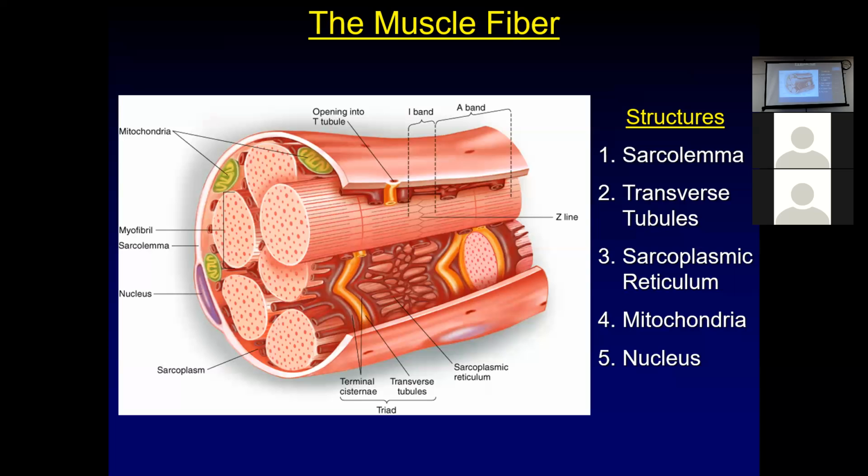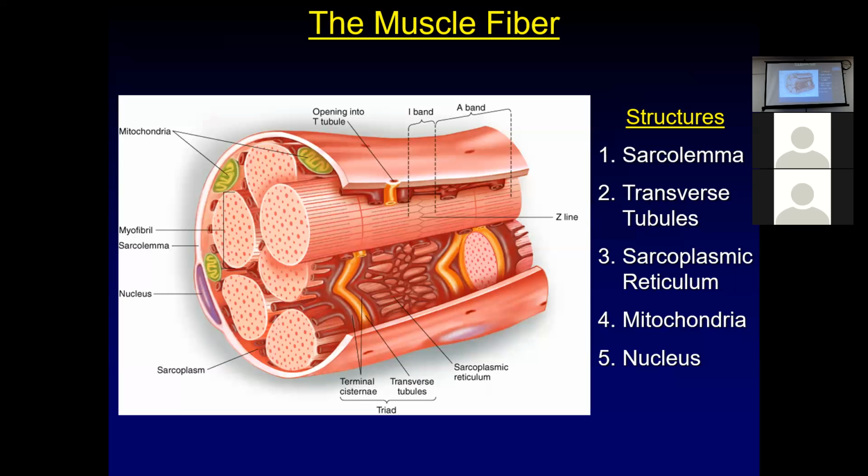Connected to the sarcolemma, if you look along it, you're going to see tunnels burrowing down from the sarcolemma into the inside of the muscle fiber. These tube-like structures are called transverse tubules, often shortened to T-tubule. The T-tubules, the gold structures you see here and here, are interspersed throughout the cell.